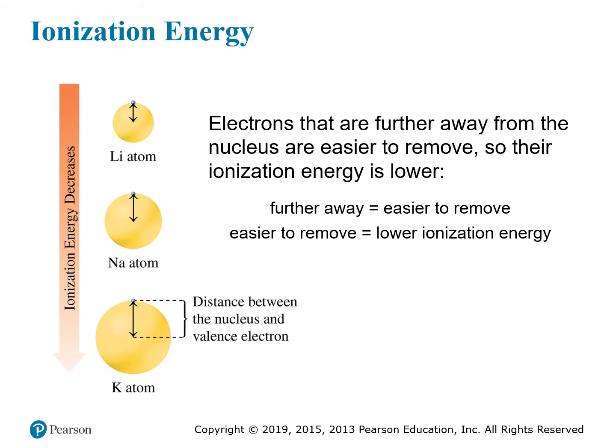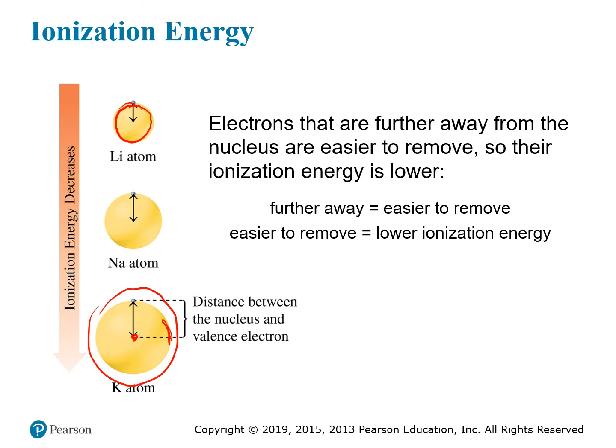So an atom like potassium, which has a very large radius, the outermost electron is going to be pretty far away from the nucleus, and so it's not going to be that hard to remove. So in this case, potassium has a low ionization energy. Lithium, on the other hand, the outermost electron in lithium is much closer to the nucleus than it is in potassium.